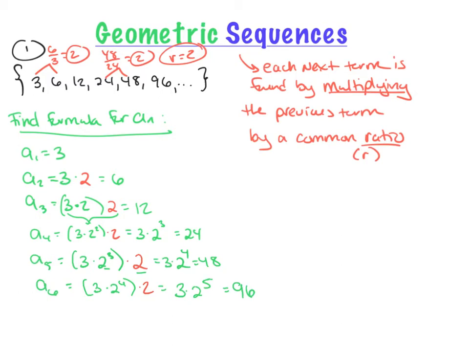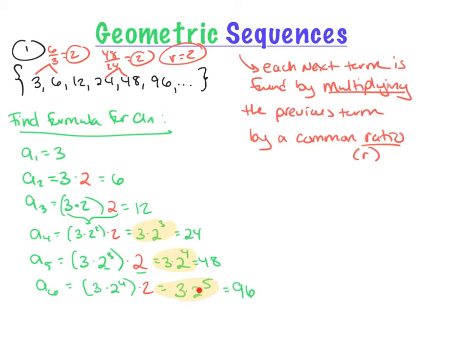And it's that second to last step that I'm going to look at in order to figure out my formula for my a sub n's. So let's look at that. For the sixth term, we always multiplied by 3, remember where 3 was our first term.